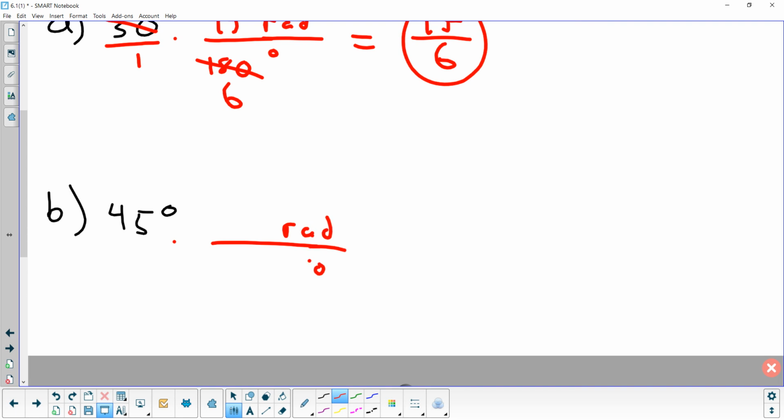We want degrees in the bottom, so it cancels out. This is the last time I'll write RAD, because I want you to get used to not seeing it. Number with radians is pi. Number with degrees is 180. And what would that reduce to when you do that out? Pi over 4.